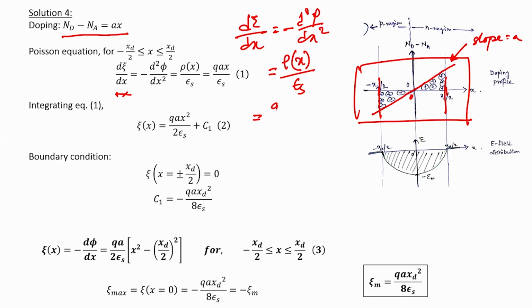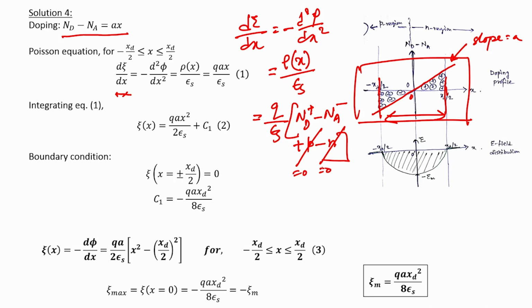Now this rho x can be written as q times (Nd plus minus Na minus plus p minus n). Here the first assumption is that this is a fully depleted region, so we can consider that p and n are 0.